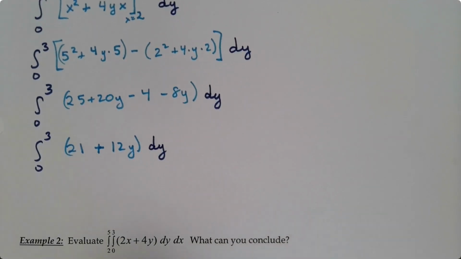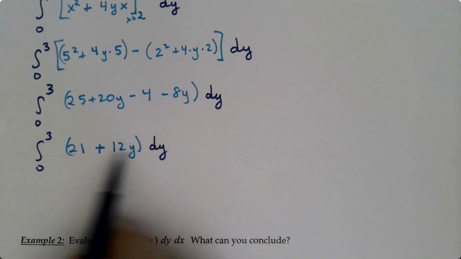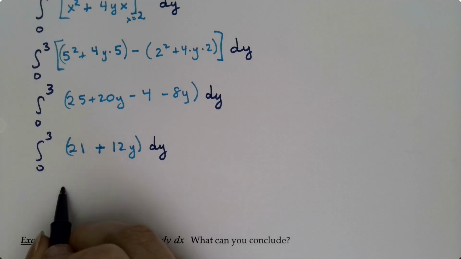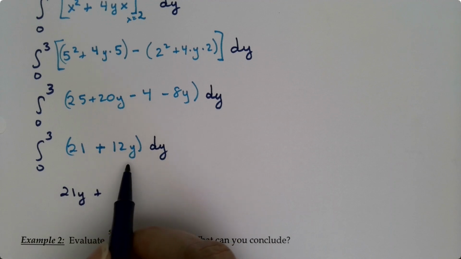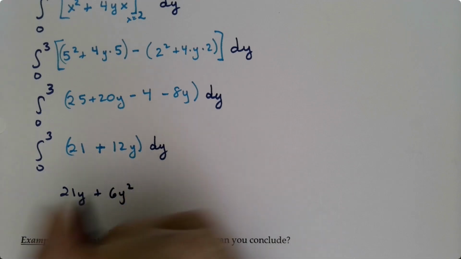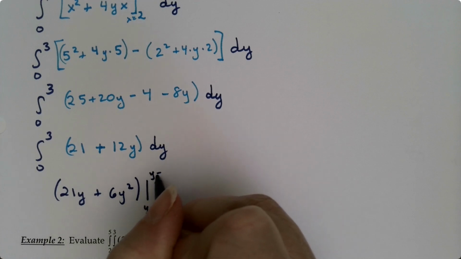All right. Well, the integral of 21 with respect to y now, because now I can actually do the y portion, the integral with respect to y of 21 is 21y plus 12y squared over 2, which would be 6y squared. And we're going to take that from y equals 0 to y equals 3.